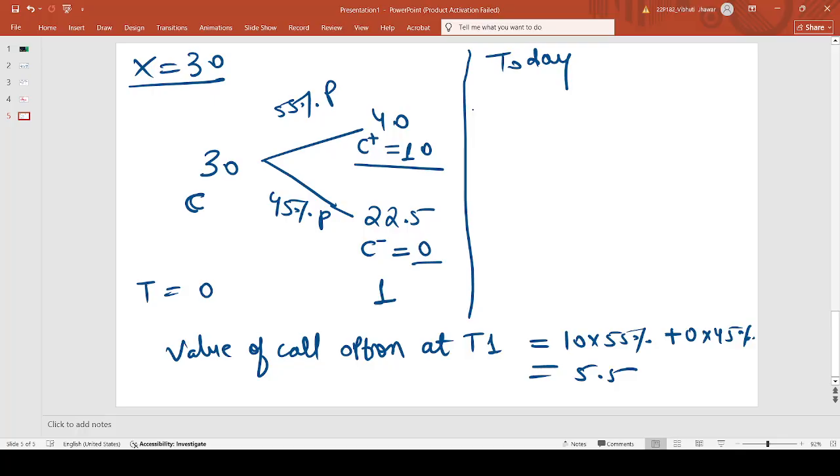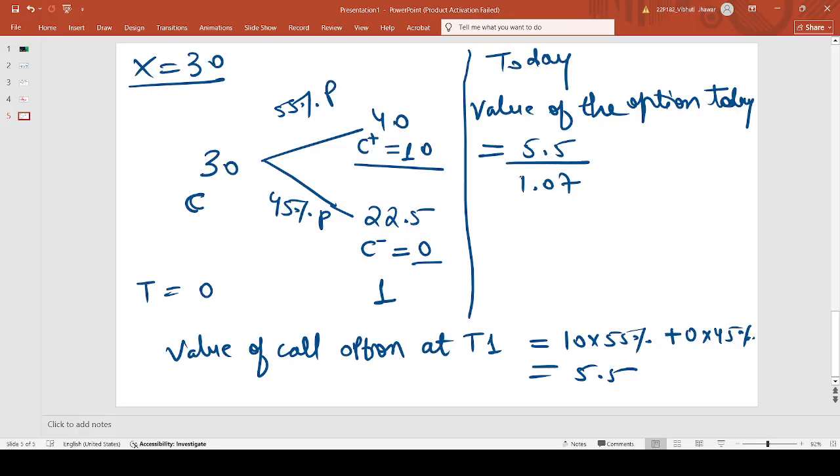So the value of the option today is equal to 5.5 upon 1.07, because the risk-free rate was 7%, discounting it for 1 year, and this gives us 5.14. And this is the value of the call option today.